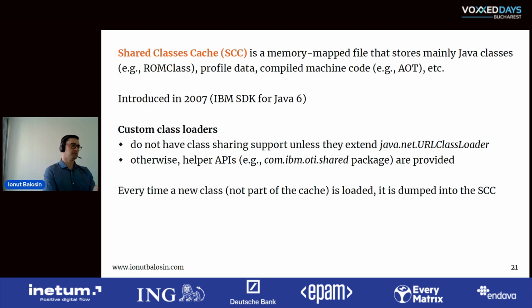And the important difference is that this shared cache contains not only pre-processed class metadata, it also contains compiled code. So this is the important difference between HotSpot and OpenJ9. And of course, because of that, you will see slightly better startup improvements.